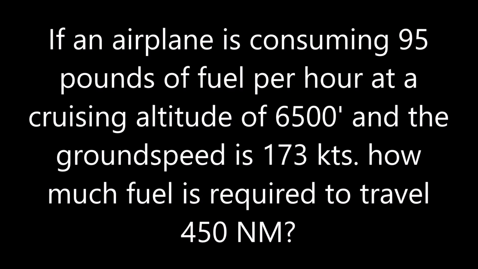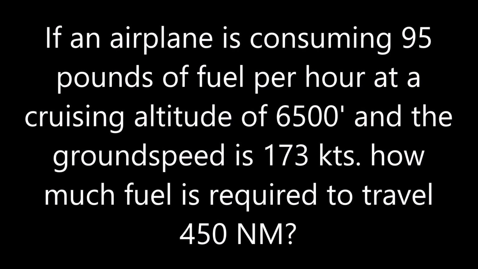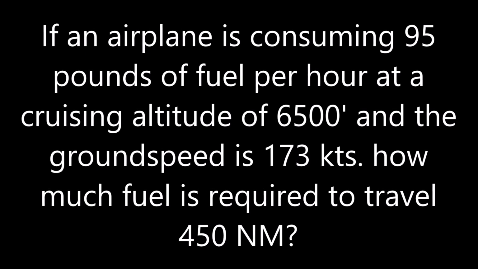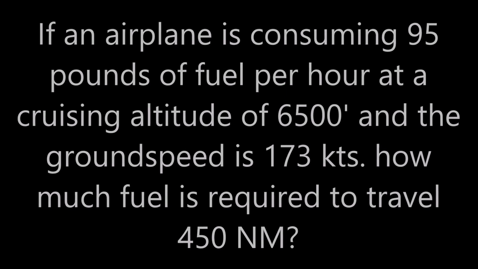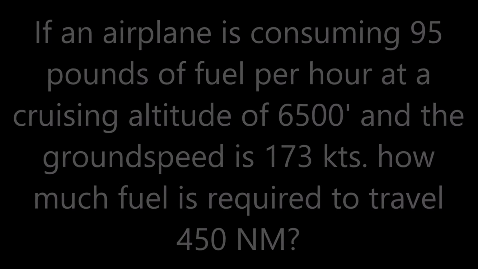Let's clarify that the altitude that is given is irrelevant, so we don't even use that for our calculations. We also need to clarify that the speed is given in knots, which is simply nautical miles in 1 hour.